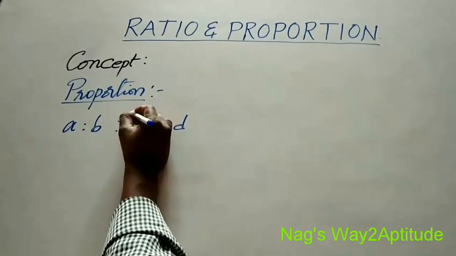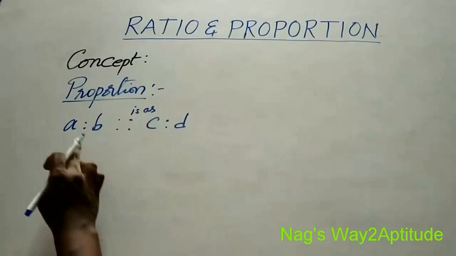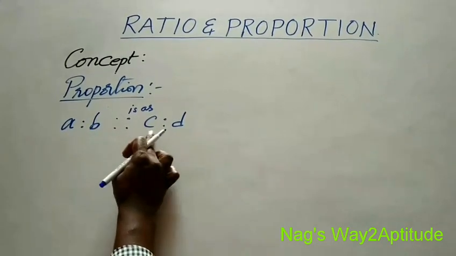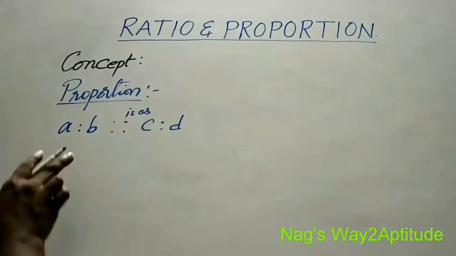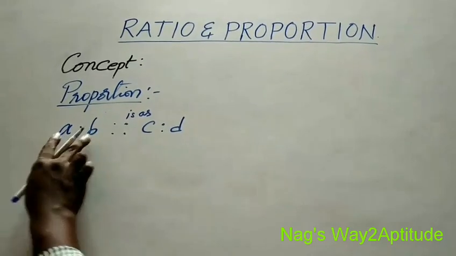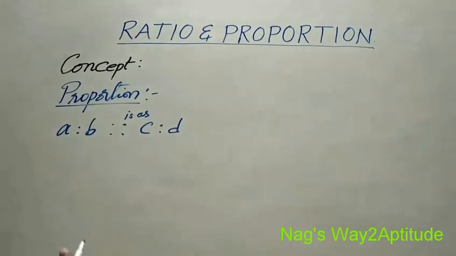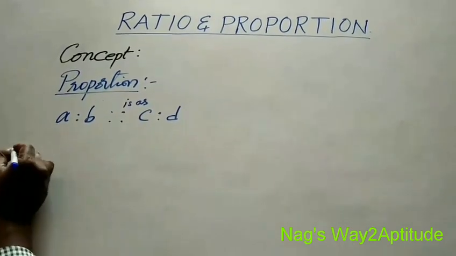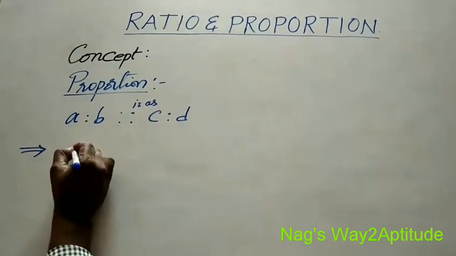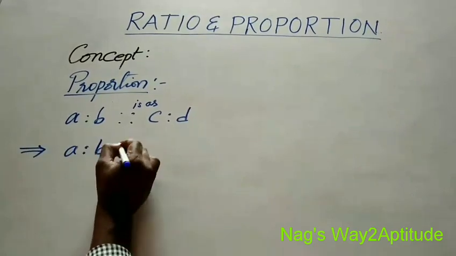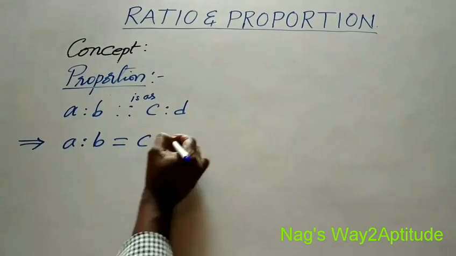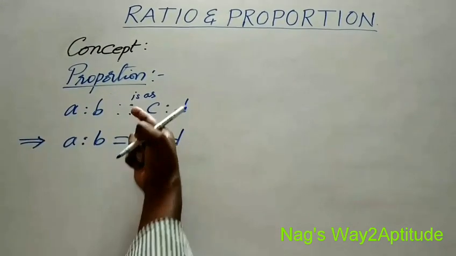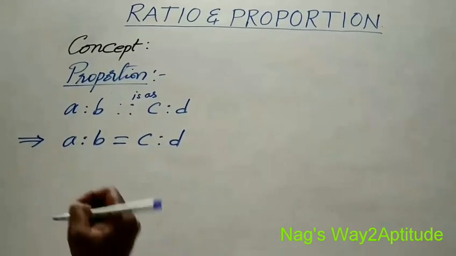It is pronounced as "is as". A is to B is as C is to D. That means the values of A is to B and C is to D are equal. And here this "is as" symbol can be written as equal to. Therefore, A is to B is equal to C is to D.